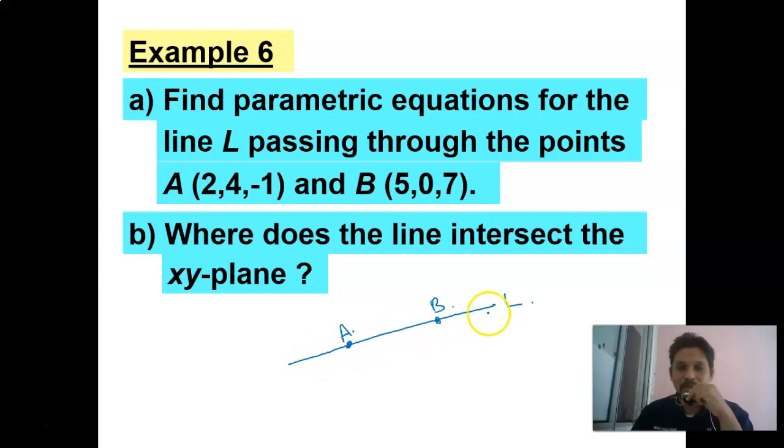We call this straight line L, passing through the points A and B. Just imagine that there's an origin point O at (0, 0, 0).